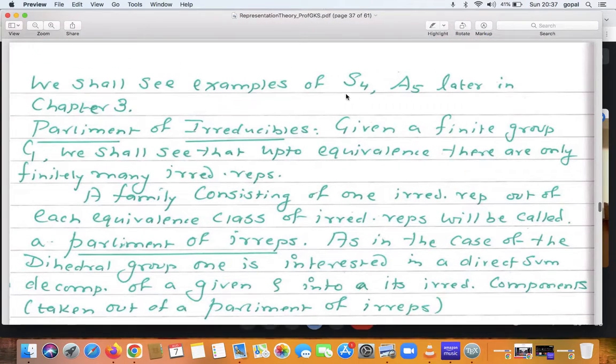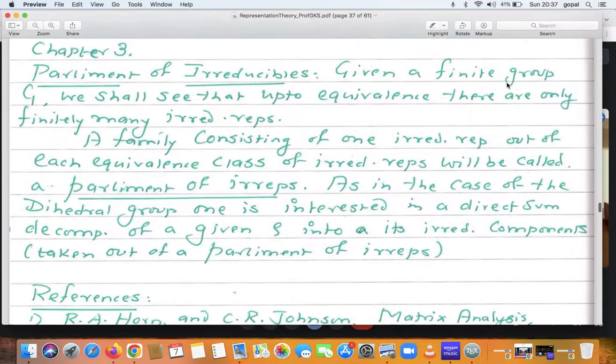So we shall see examples of S4 and A5 later in chapter 3. Then we talk about the parliament of irreducibles. Given a finite group, we shall see that up to equivalence, there are only finitely many irreducible representations. The family consisting of exactly one irreducible representation out of each equivalence class of irreps will be called a parliament of irreps.